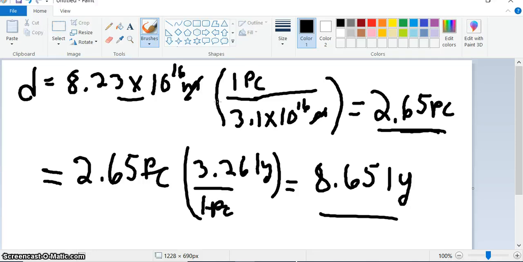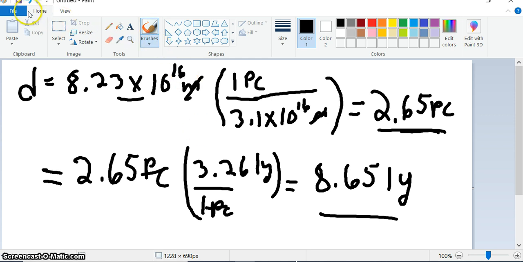But you go through the exact same steps that I did, using the star Sirius, the brightest star in the night sky. That's project 1, stellar parallax.